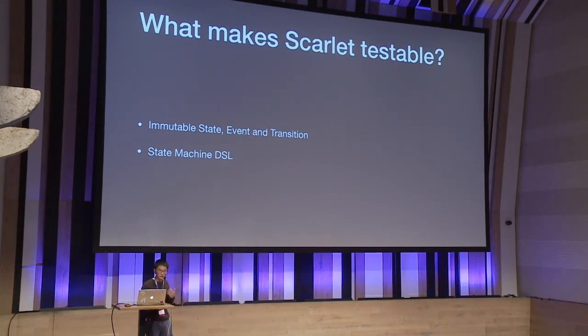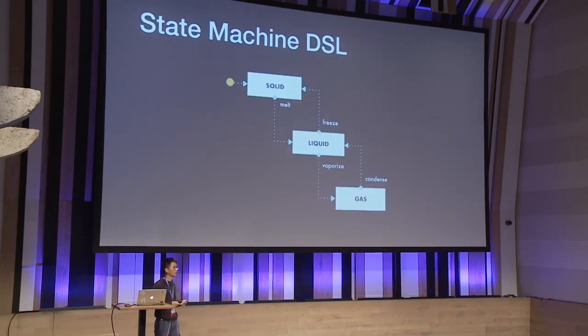And let's demo how the state machine DSL makes Scarlet testable with a simplified example. Let's write a water state machine. We all know that water has three states. It can be solid, liquid, and gas, and it can transition between the states.